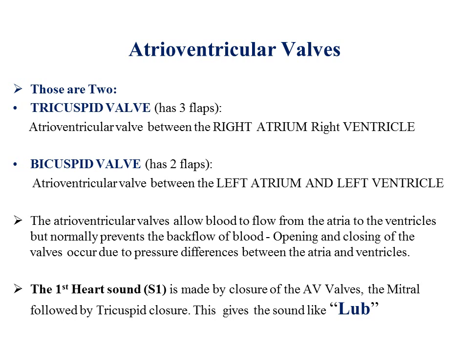Coming to the bicuspid valve, which has two flaps, it's an atrioventricular valve between the left atrium and the left ventricle. The atrioventricular valves allow blood to flow from the atria to the ventricle, but normally prevent the backflow of blood. Opening and closing of the valves occur due to relative pressure.